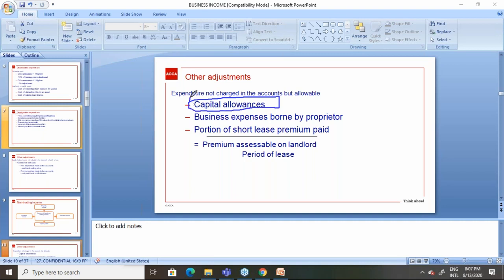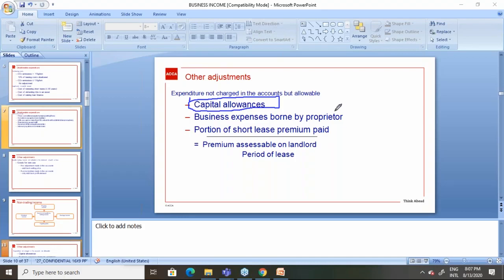That is what we call capital allowances. This is a concept identified only in taxation. It's not a concept recognized in accounting. Therefore, for the purpose of calculating the tax-adjusted trading profit, we need to calculate the capital allowances separately. In a while, I will explain the principles pertaining to capital allowances.